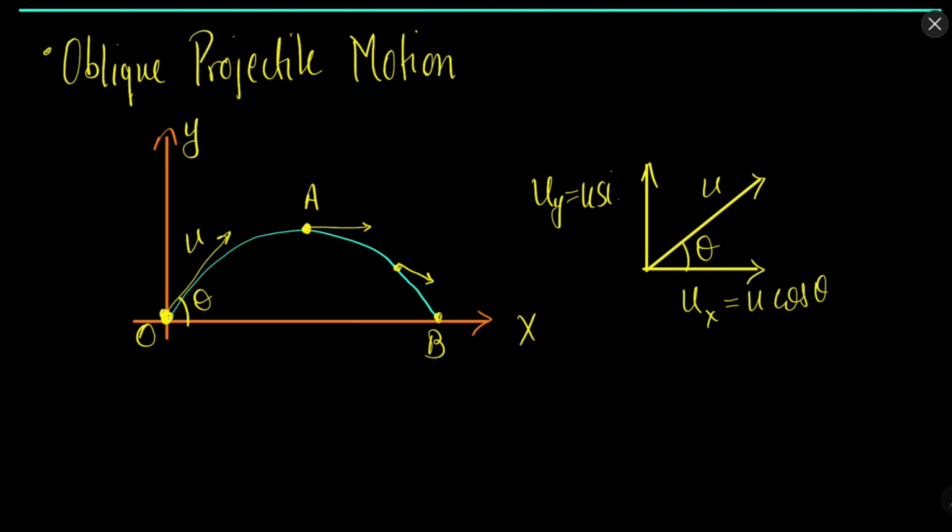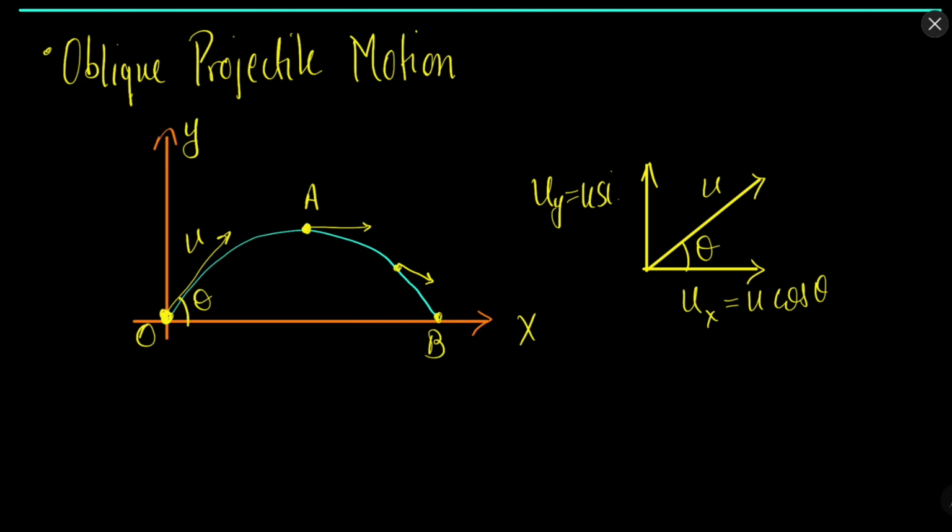So this is a right angle triangle. So sin theta is equal to perpendicular uy upon hypotenuse, that is u, and you will get uy equal to u sin theta. Similarly by cos theta you will get ux by u, so ux equal to u cos theta. So just remember this much.